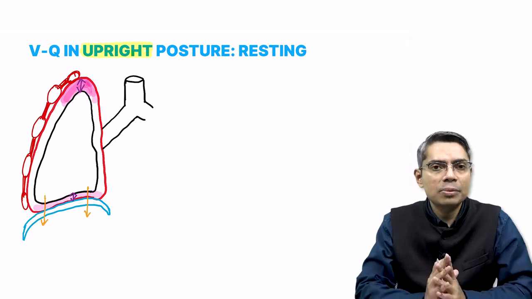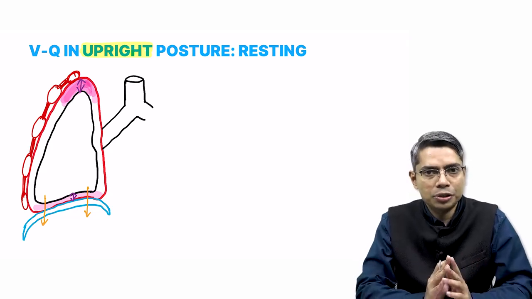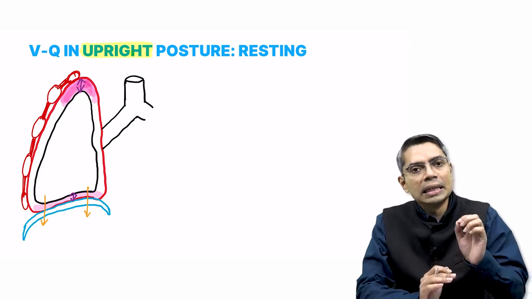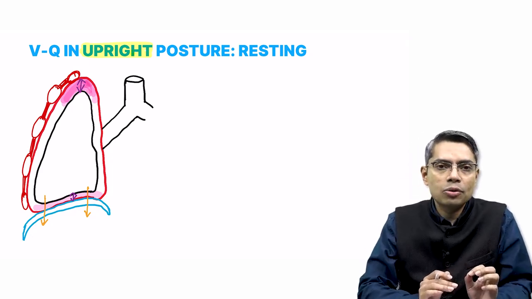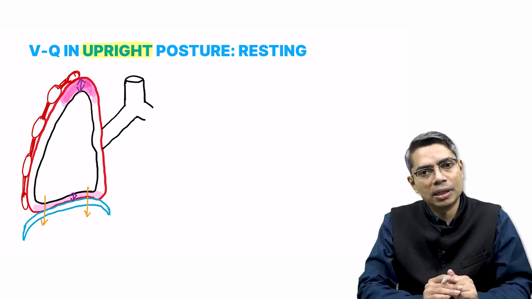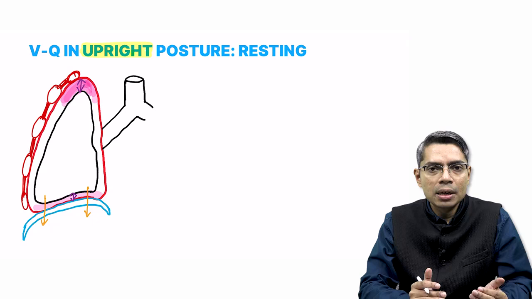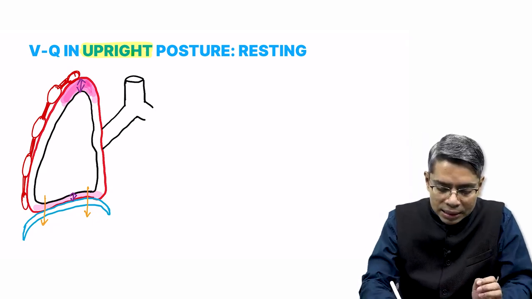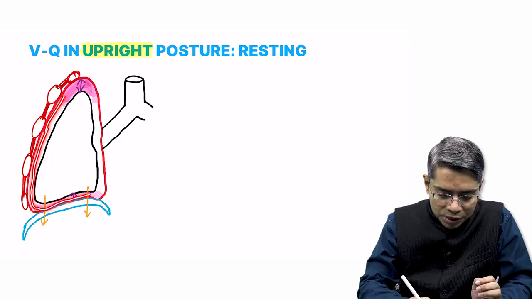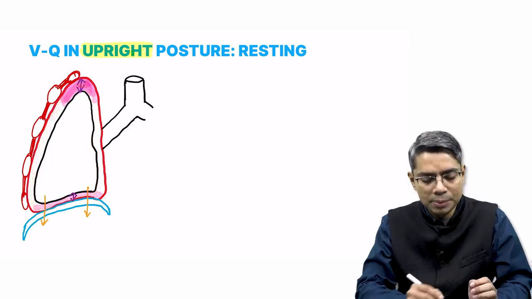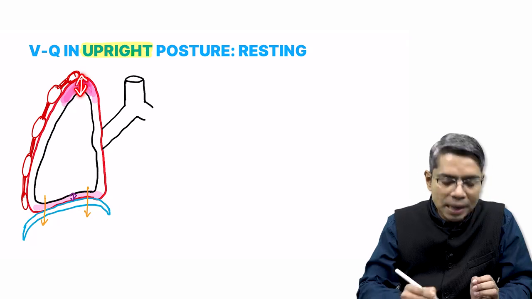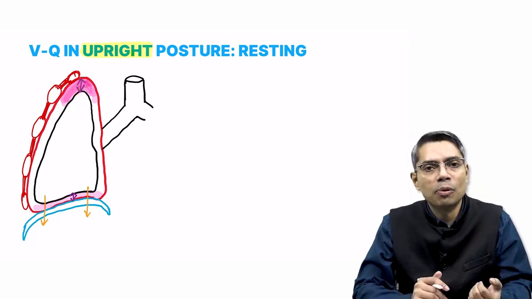Now whenever this kind of scenario is happening in the upright posture, what is going to happen? The interpleural pressure is also going to change in different parts of the lung. Why? Because we have seen earlier that the interpleural pressure depends on the pressure volume relationship. So if the volume is expanding, what will happen to the pressure? Pressure will be more negative.